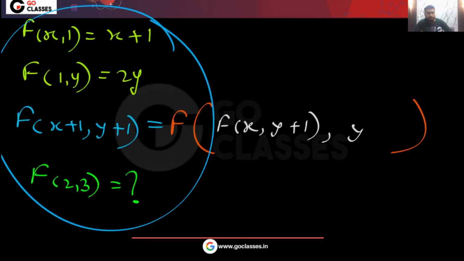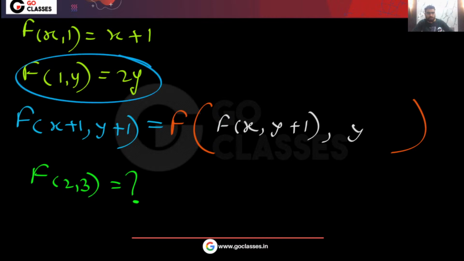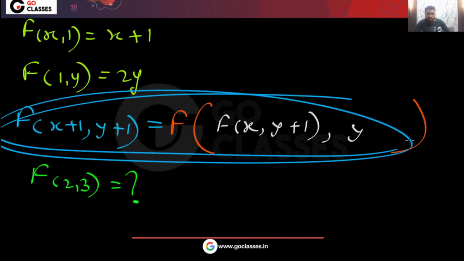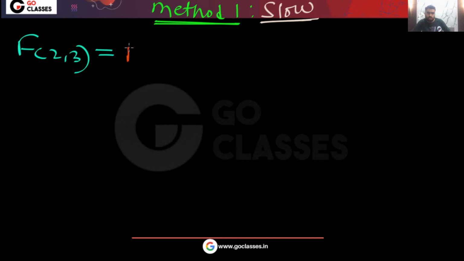You can easily see the question is asking f(2,3), yes or no. And f(2,3), how can you find it? See, f(x,1) is x plus 1, but the question is asking f(2,3), so you don't have 1 here. Similarly, f(1,y) is 2y, but you don't have 1 here. So you can use this equation: f(x+1,y+1) is equal to f(f(x,y+1),y). Yes or no? So basically you can write f(1+1,2+1) like this.